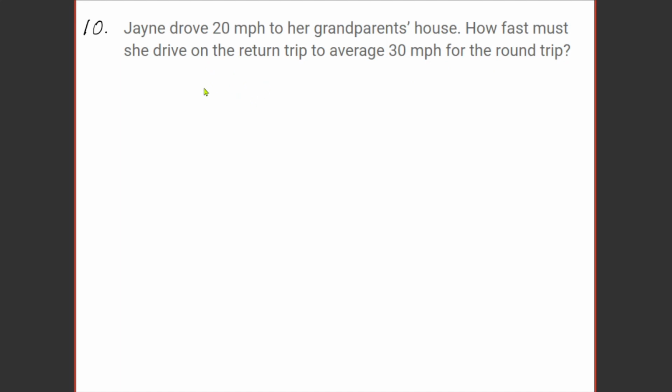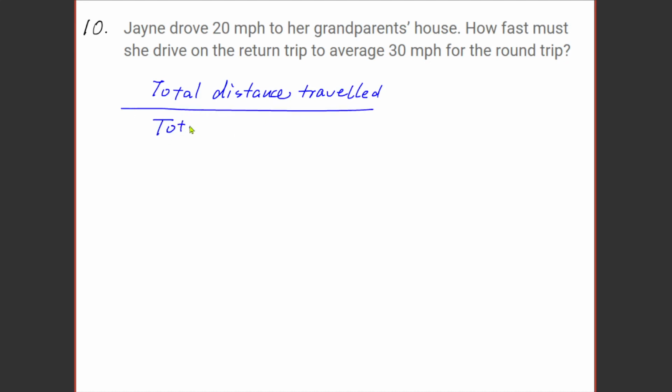So, usually when you want to find average speed, we should use total distance traveled over the total time used, right? This will give us the average speed.